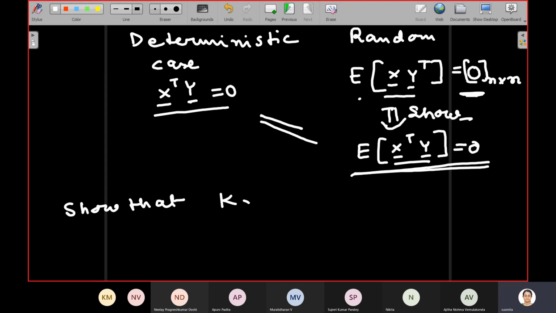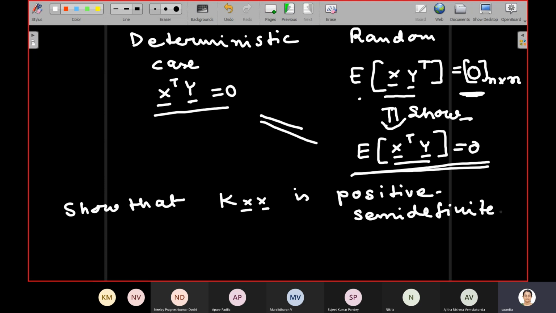the covariance matrix, which we defined last time, is positive semi-definite. What is the definition of positive semi-definiteness?